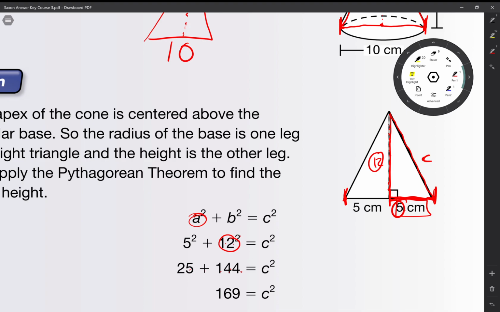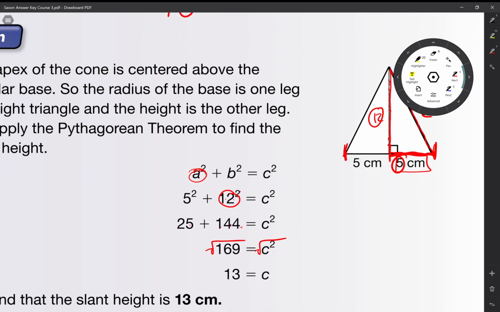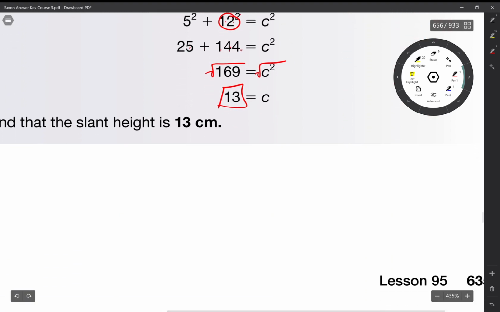The opposite of squared is the square root. Square root of 169 is 13. That makes way more sense. 5, 12, 13. Way more sense.